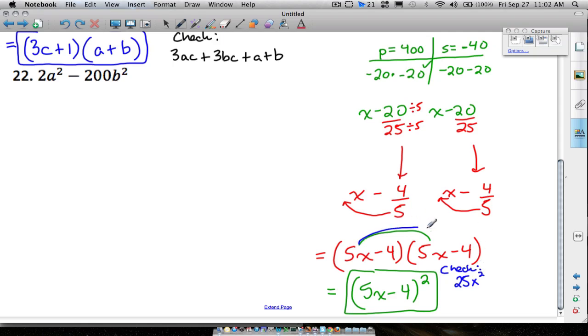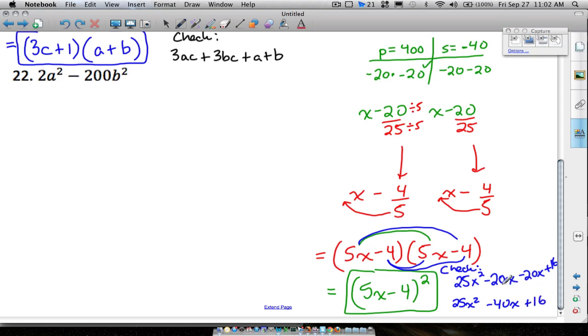And then 5x times negative 4, that's minus 20x. Do the same thing with the negative 4 here. Negative 4 times 5 is another minus 20x. And then negative 4 times that negative 4 is plus 16. I know I'm getting a little sloppy, but what we're left with here is 25x squared minus 40x plus 16.